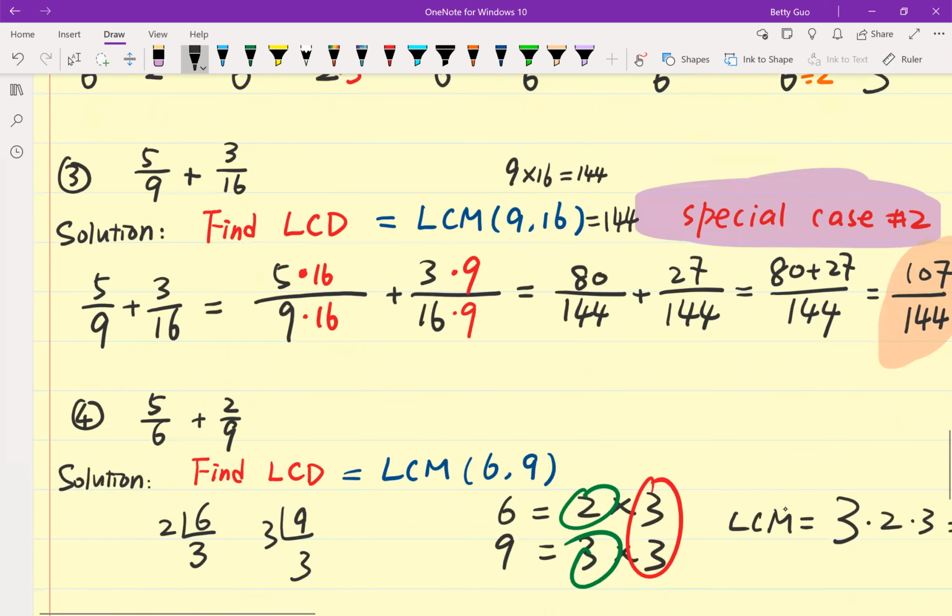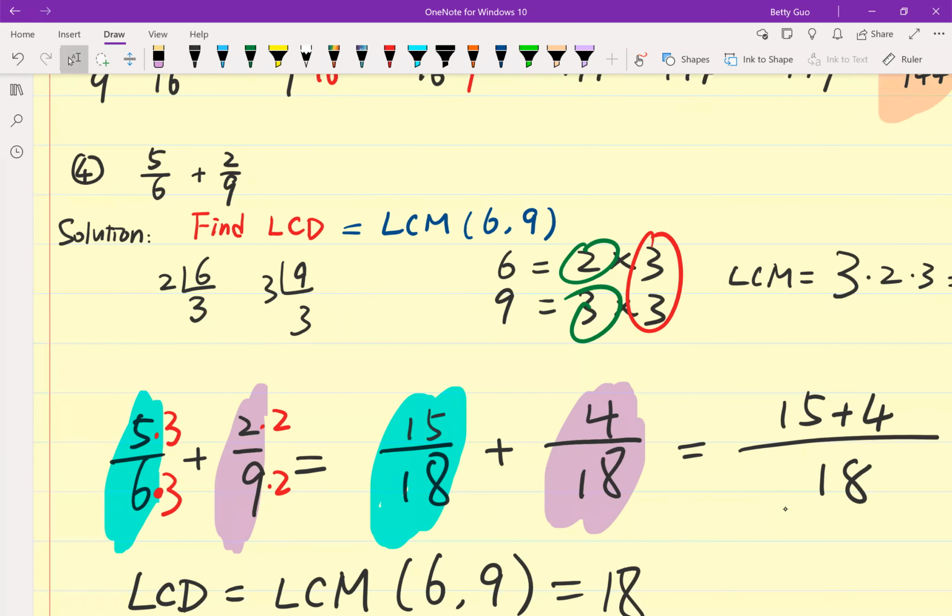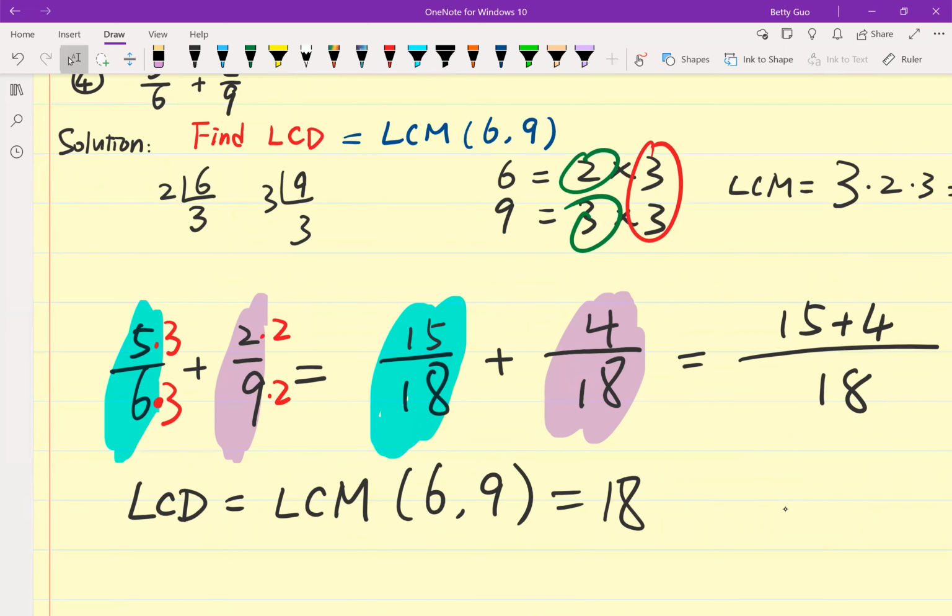And example 4, not a special case number 1, not a special case number 2. When you look for the least common multiple of the two denominators, you have to apply the 3-step procedure to find the LCD. Okay, so that's how we operate fractions.